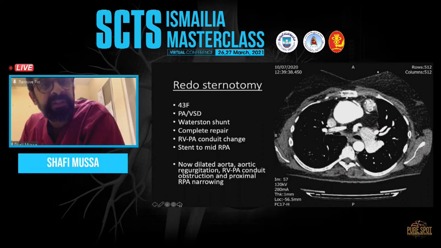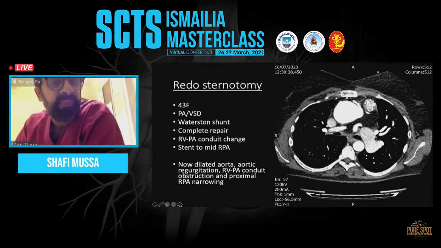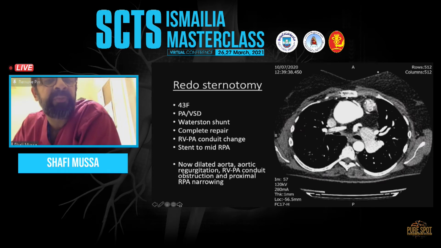Initially, she had been palliated with a Waterston shunt, a shunt between the right pulmonary artery and the ascending aorta, and then she underwent a complete repair as a child, and then as a young adult needed a change of the right ventricular to pulmonary artery conduit, and also had demonstrated some narrowing in her right pulmonary artery, and had that stented.